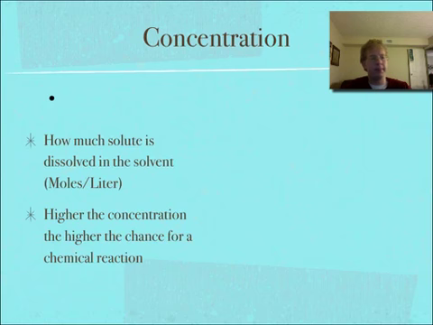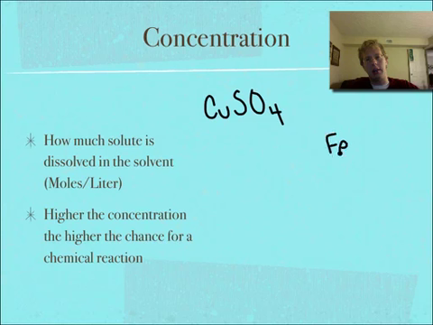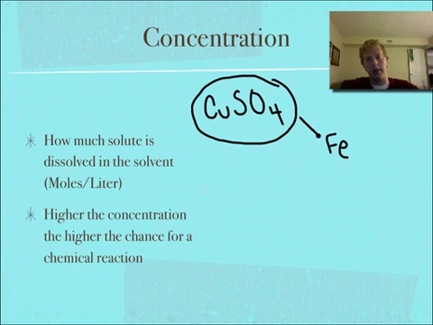And the reason is that in order to have a chemical reaction, you need to have a collision between the molecules you want to react. So if I have, for example, copper sulfate, which we saw last week, and I want to react it with iron metal, in order for that to happen, our molecule of copper sulfate here has to collide with iron here for a reaction to take place.